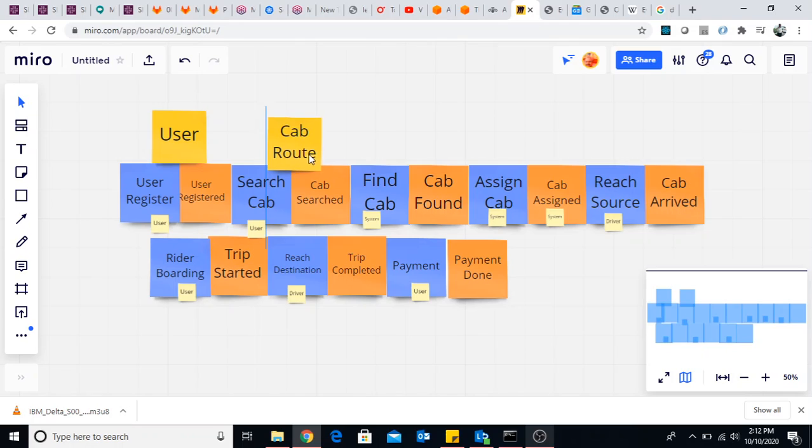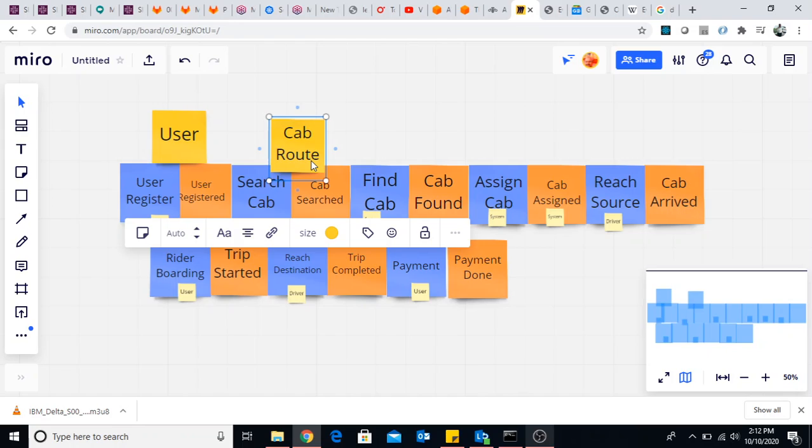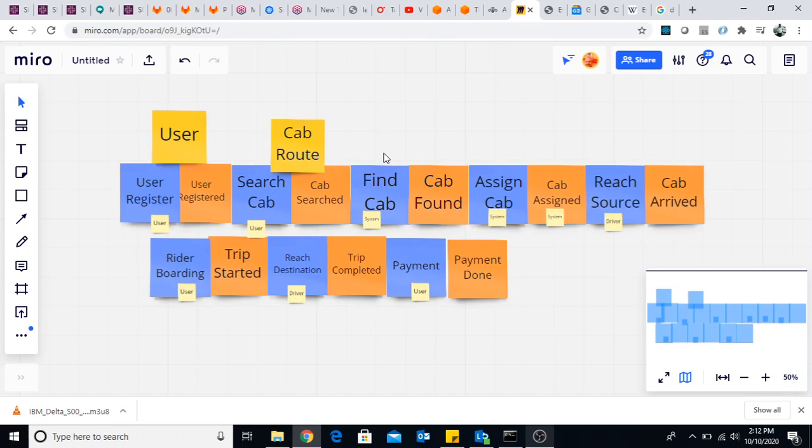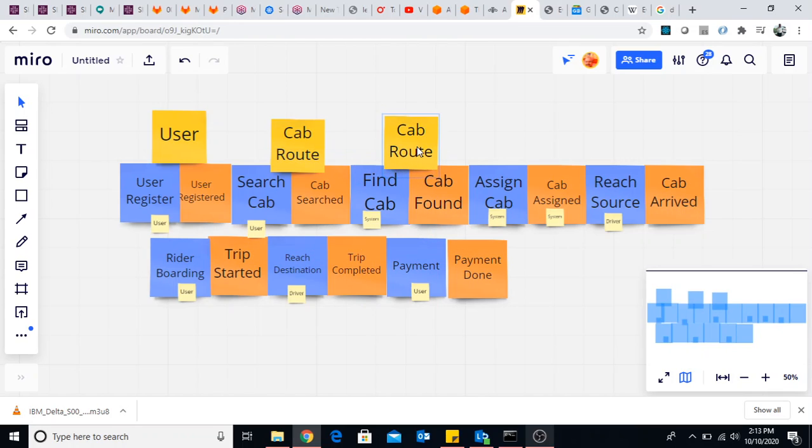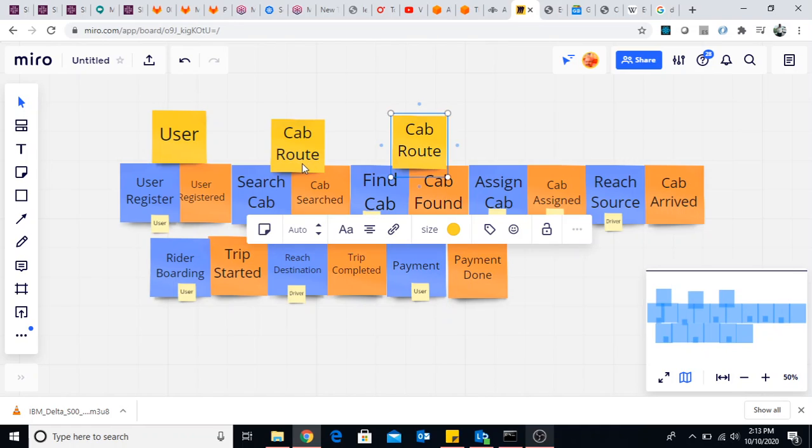Yes or no? Now find the cab and assign the cab. Again, the same aggregate will get impacted when we are finding the cab, searching for the cab. Here which aggregate? Search for the cab.